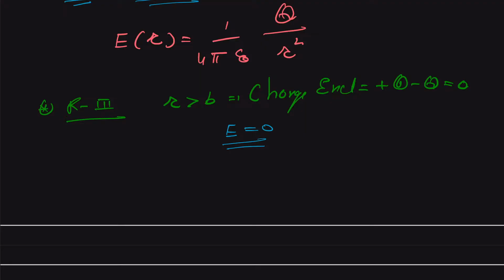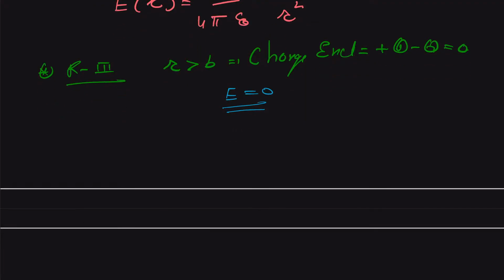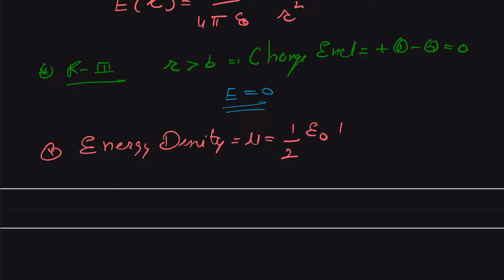And we know the value of energy density, that is our standard formula, so we can straightforwardly write that our energy density, that is small u, is half epsilon naught times the square of the electric field. Okay.